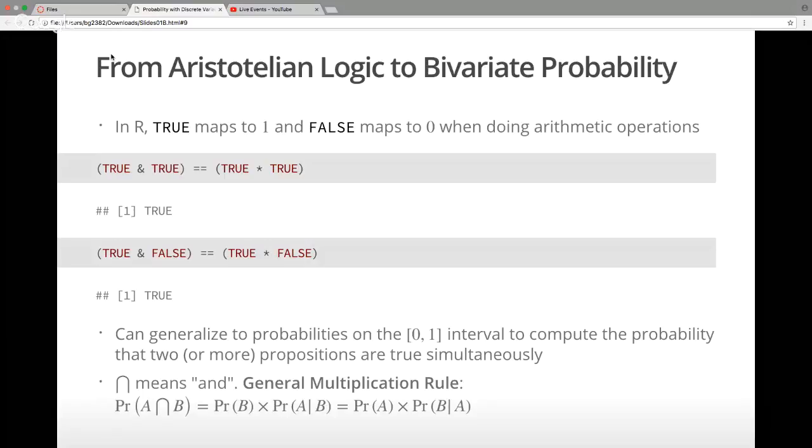Questions about the multiplication rule or how it's related to logic? Basically, if you take some proposition, like what's the probability that the sun is going to come up tomorrow? That's just something that is extremely close to 1.